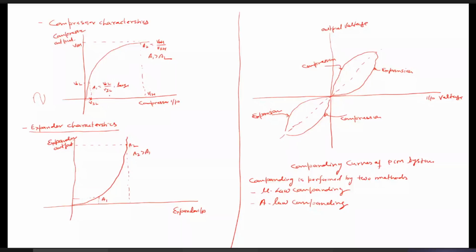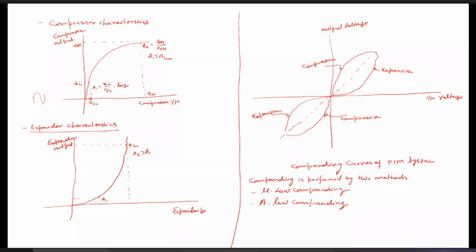Now if you look at the higher input voltage, then the gain A2 is equal to VOH divided by VIH.